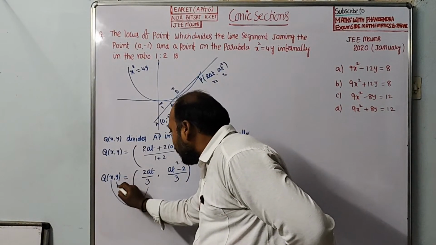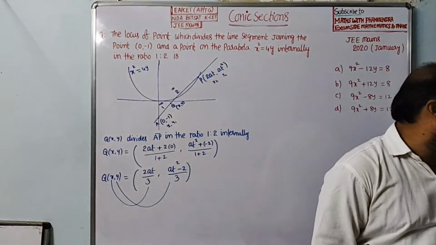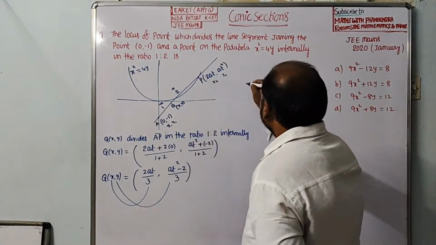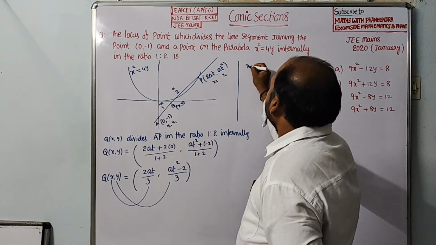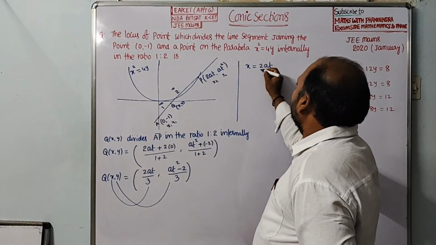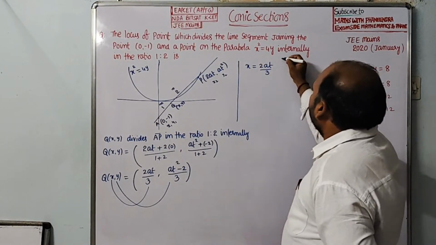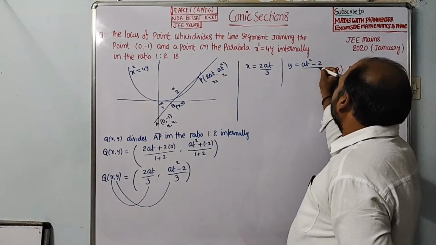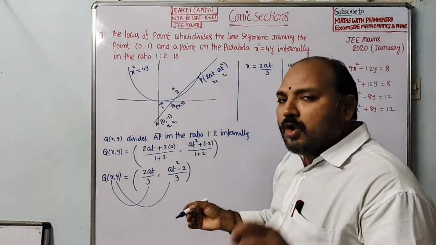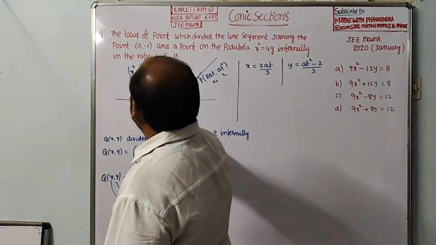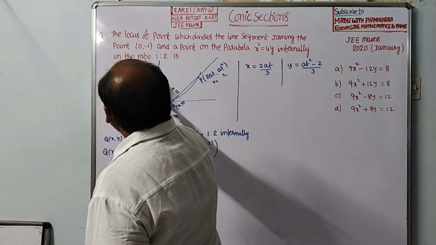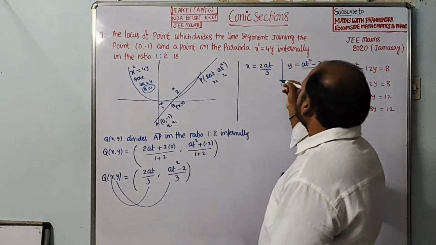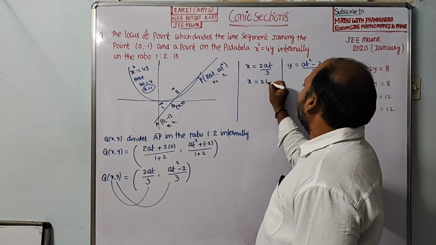Equating x coordinates and y coordinates on both sides, x is equal to 2at divided by 3 and y is equal to (at square minus 2) divided by 3. And one more piece of information here: x square is equal to 4y, so 4a is equal to 4, a is equal to 1. Substituting a equal to 1, x becomes 2t by 3.